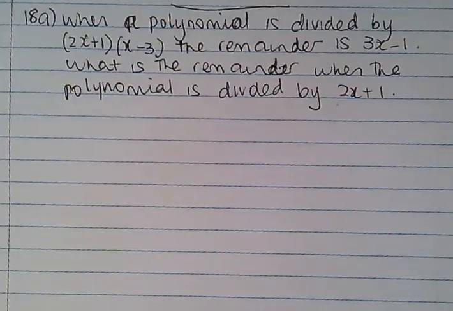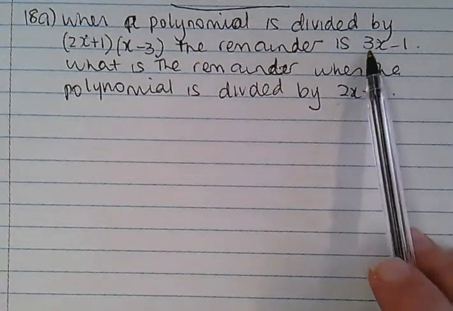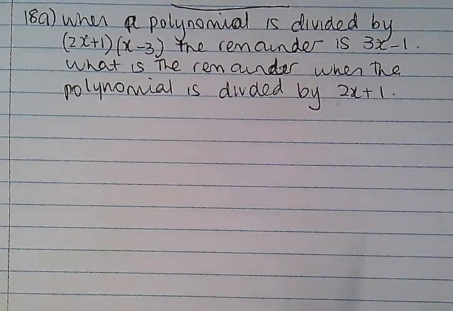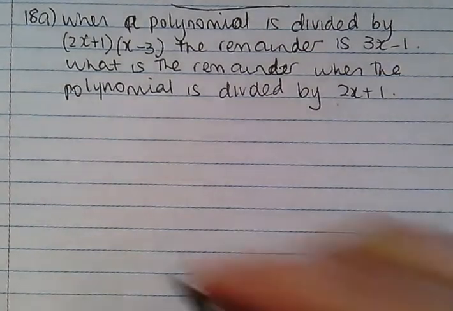The polynomial is divided by 2x plus 1 times x minus 3. The remainder is 3x minus 1. And the question is, what is the remainder when the polynomial is divided by 2x plus 1? Okay, we're going to write the division transformation.